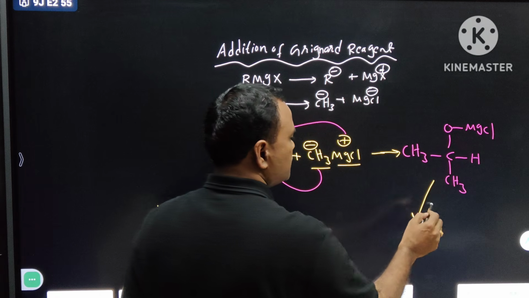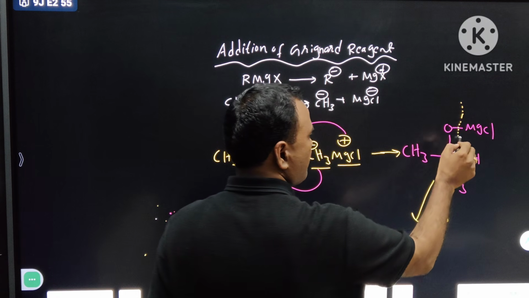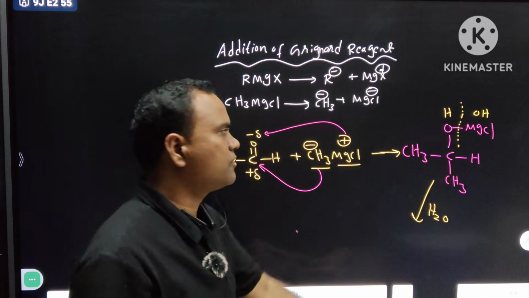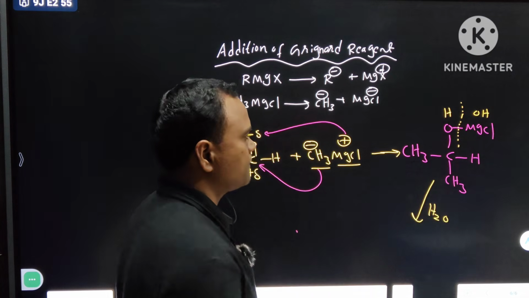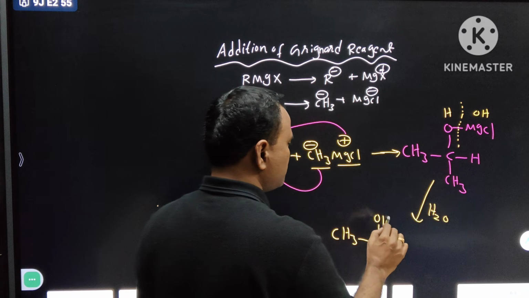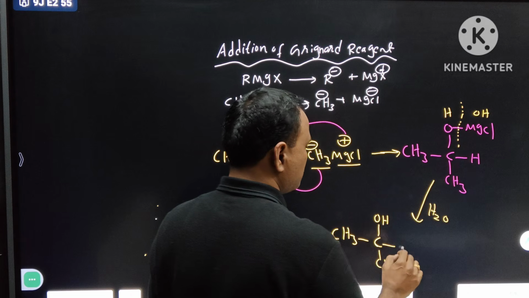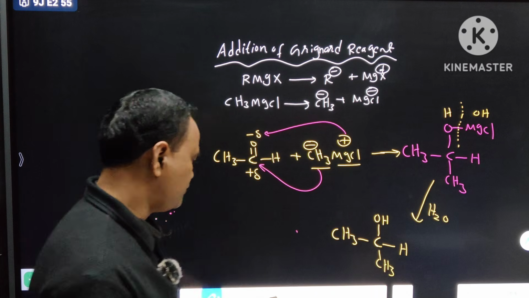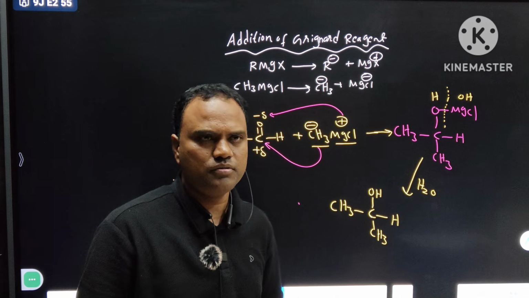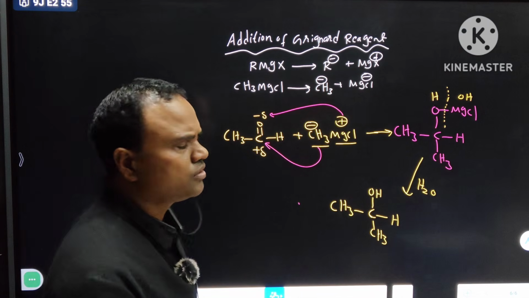You know already this reaction, H2O. H and OH. Alcohol formation takes place. Bond will break. CH3CHOH CH3, alcohol. 2 degree alcohol is formed. Clear? Right. This is about Grignard reagent addition.